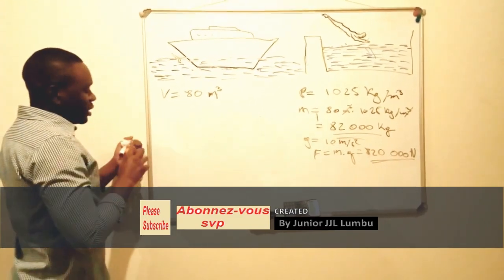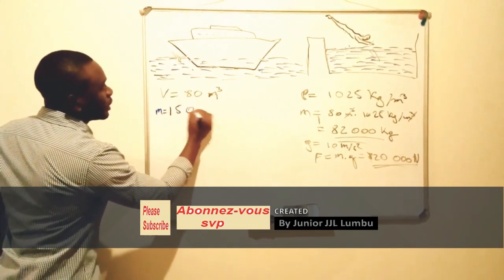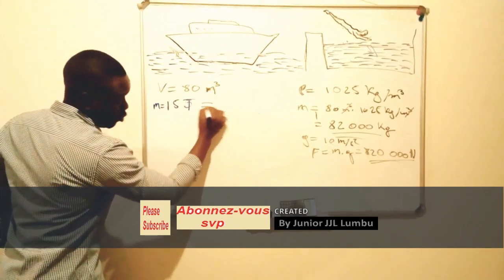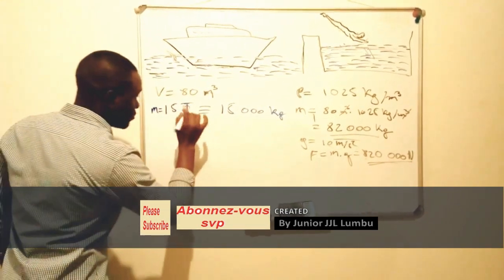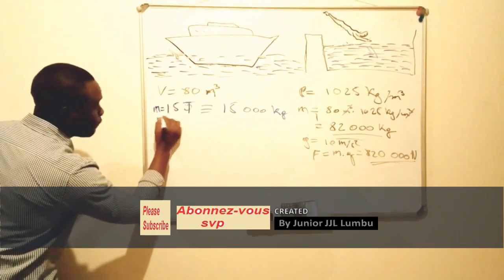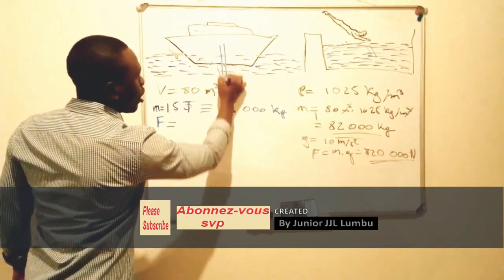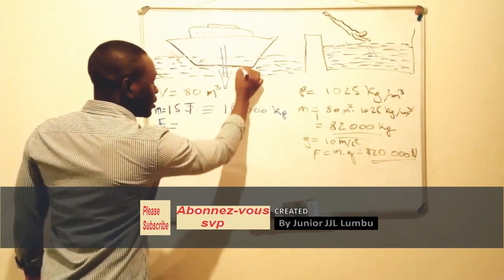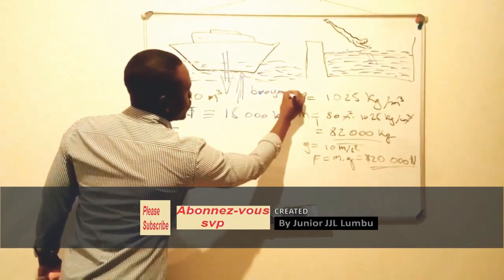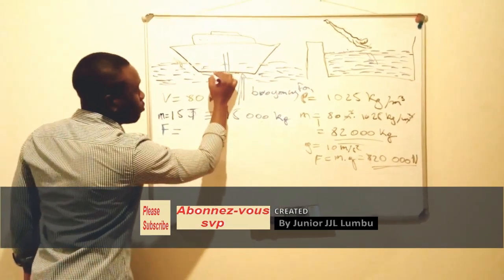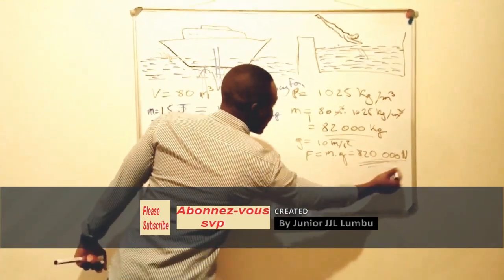Now, knowing that our boat has a mass of 15 ton, which is equal to 15,000 kilogram, the weight of our boat is applied as a force on the water, and the water applies, according to the Archimedes principle, a force of buoyancy, which is equal to the displaced water: 820,000 Newton.